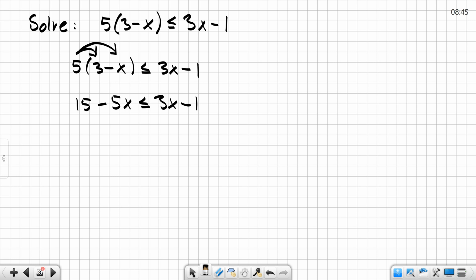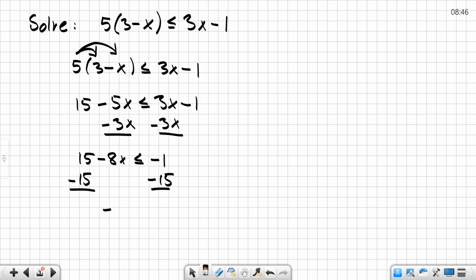So I am going to subtract 3x from both sides, and I'm going to get 15 minus 8x is less than or equal to negative 1. Now, to move the 15 to the right, I am subtracting 15 from both sides, and I get negative 8x is less than or equal to negative 16.